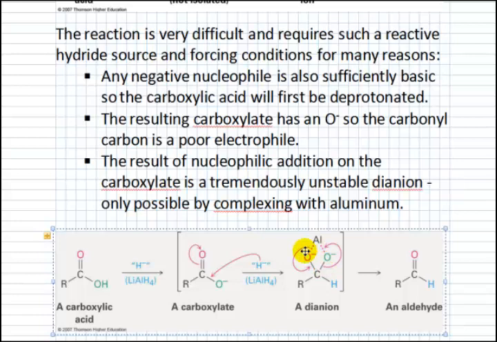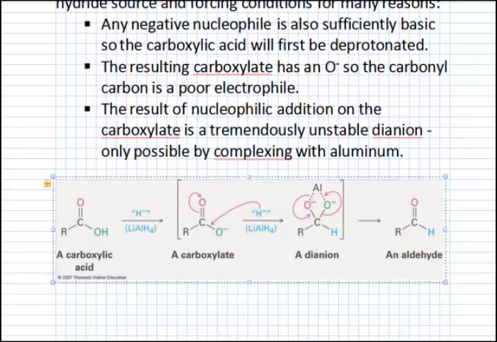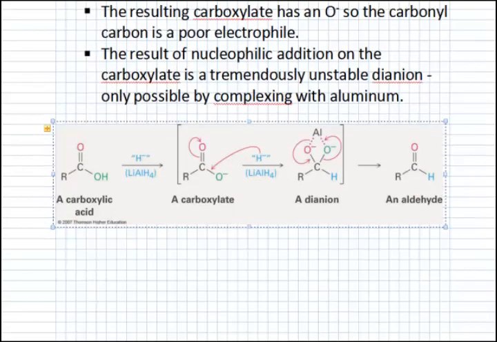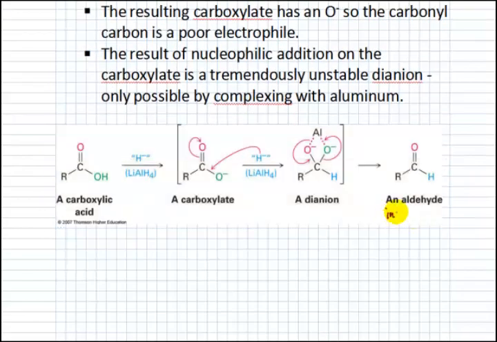We have the phosphorus and the oxygen and the two carbons making that four-membered ring. And the ring just sort of rearranges. The aluminum oxygen donates electron density in to make a carbonyl. Then we break the other CO bond to form a full aluminum oxygen bond. So it's only through this aluminum complexation that this step is even possible. So that's how we make our aldehyde, but it's an intermediate.